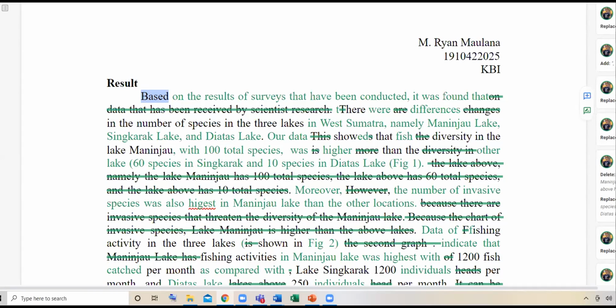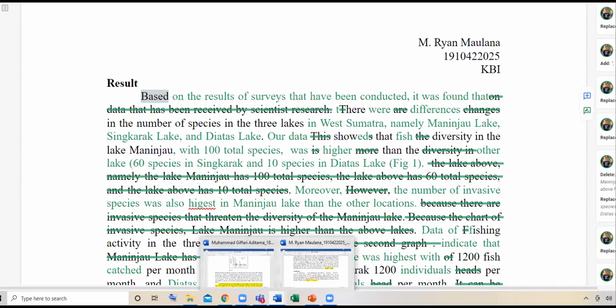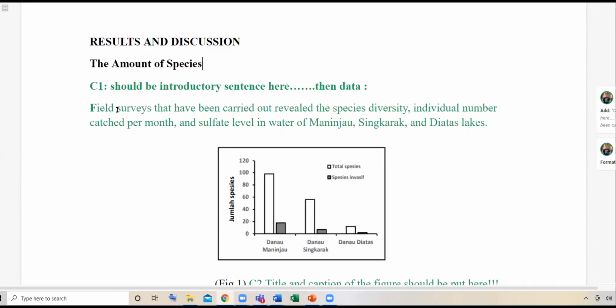That's an introductory sentence. You can put part of this single sentence with your result, or separate it into an independent sentence, as shown in Muhammad Gifari's introduction. It's an introductory context. So please don't forget, whenever you start your explanations about the result, start with an introductory sentence.